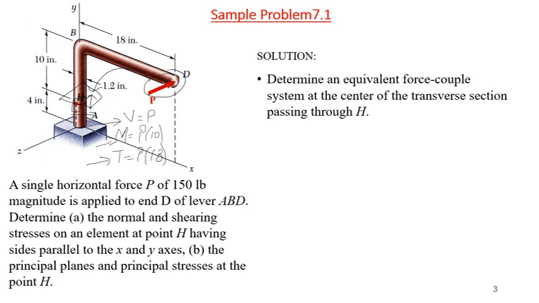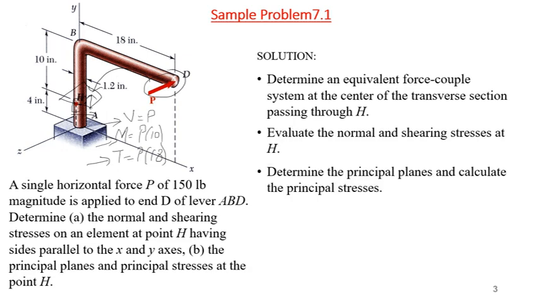First we will determine an equivalent force-couple system at the center of the transverse section passing through H. Then we evaluate normal and shearing stress at H, part A. Later we will find the principal planes and calculate the principal stresses.